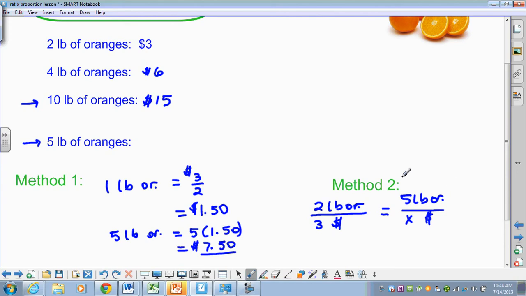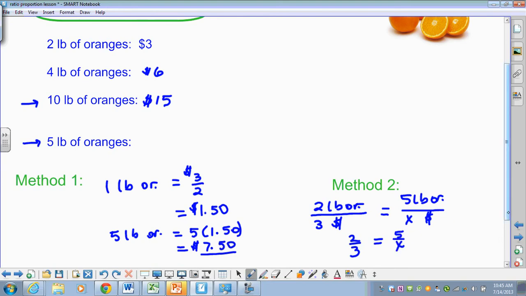Since all the units are exactly the same, pounds of oranges on the numerator and dollars and dollars on the denominator, you could basically divide everything by those and just worry about the actual values, 2 to 3, 5 to x. So here you have the ratio of 2 to 3 equals the ratio of 5 to x.